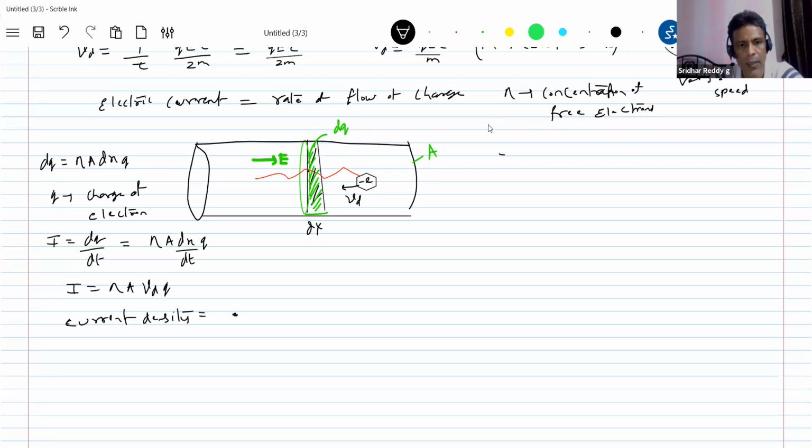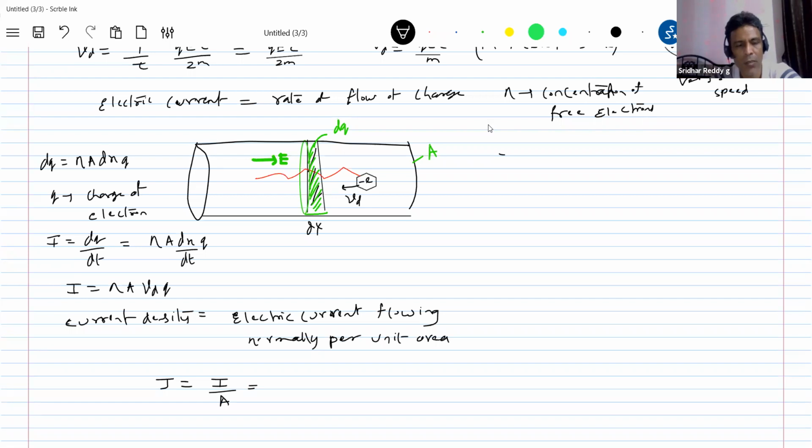This is the electric current flowing normally per unit area. So what is the symbol for current density? J, J equal to I by A. So from the formula, what is I by A? Eta q into the drift speed. So there's one more formula. It's a vector quantity.